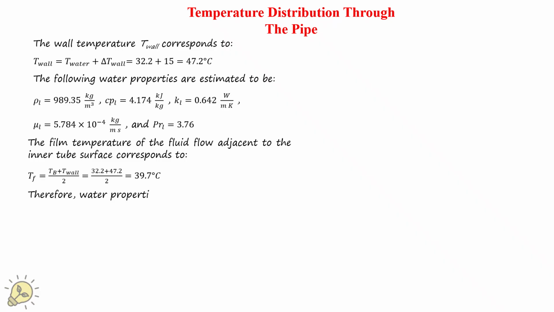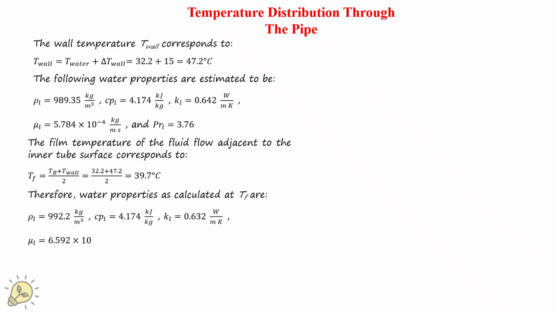The properties can be estimated according to this temperature from the steam tables to be density, specific heat, thermal conductivity, then we have the dynamic viscosity, and finally Prandtl number to be 4.36.